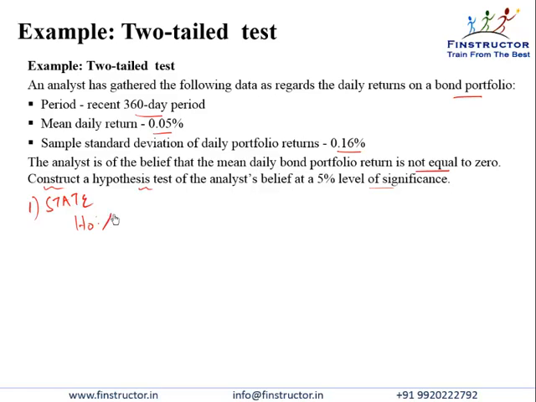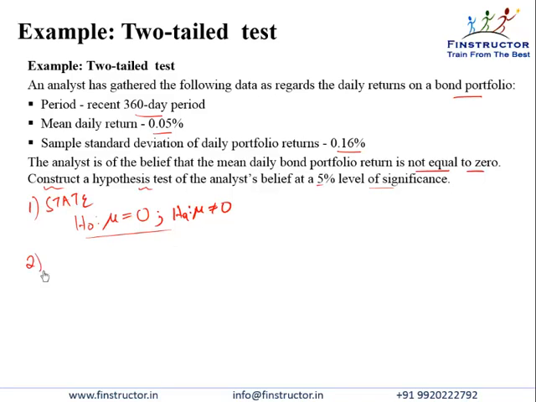He wants to reject that the mean is equal to 0 so that he can conclude the alternative, that the mean is different from 0. He wants to test if the return is not equal to 0. So that will be the first step. Let us state the hypothesis, the null and the alternative.